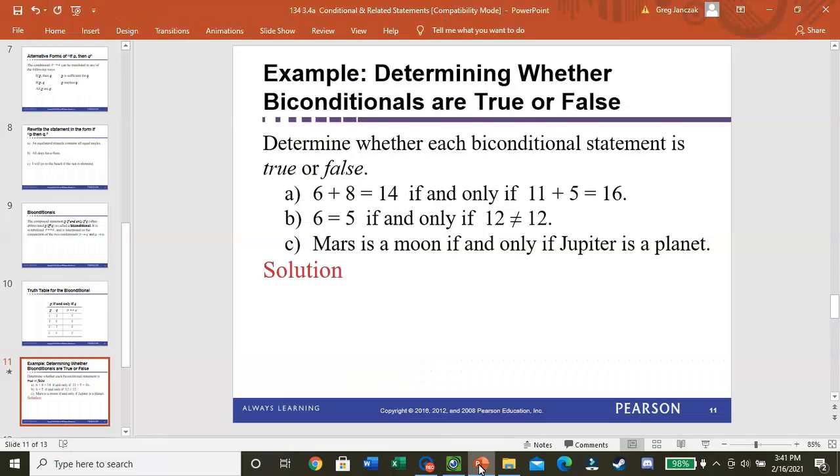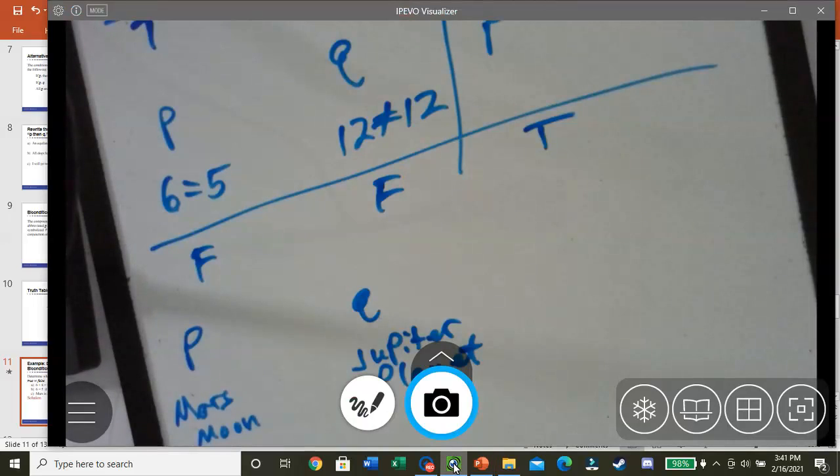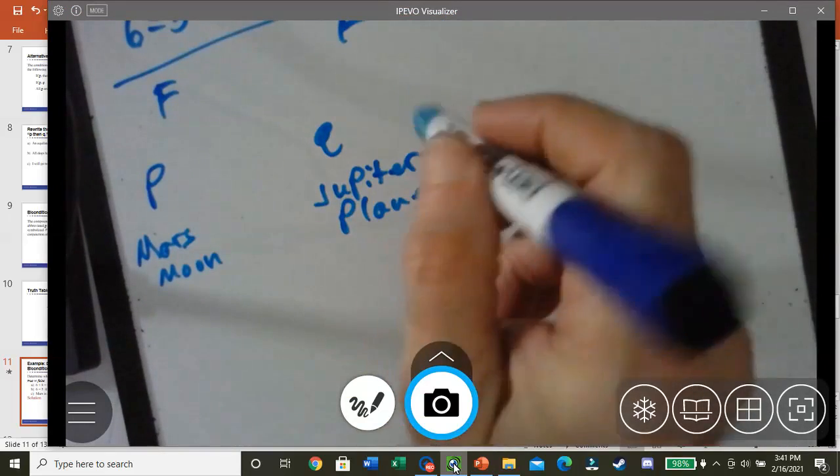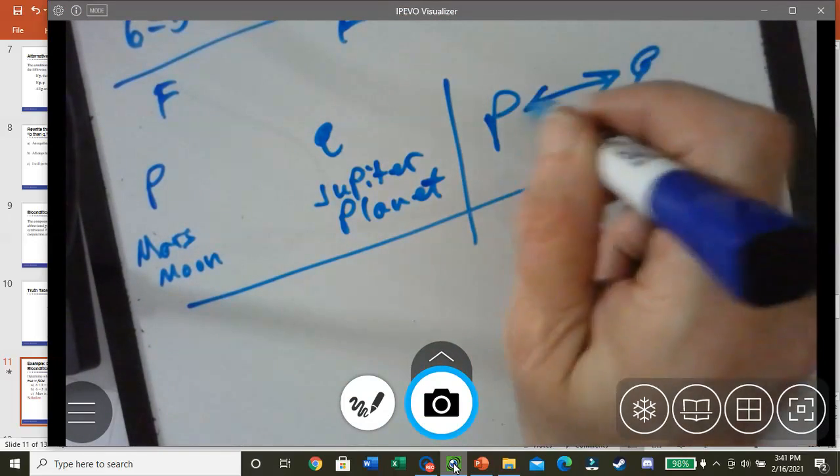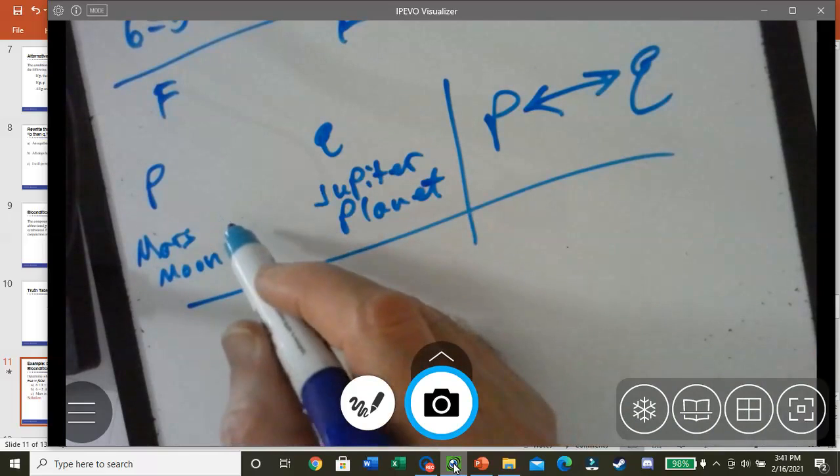Mars is a moon if and only if Jupiter is a planet. P, we're saying Mars is a moon. Q, we're saying Jupiter is a planet. Here's how we would write that out on a truth table. If P, then Q. Is Mars a moon?